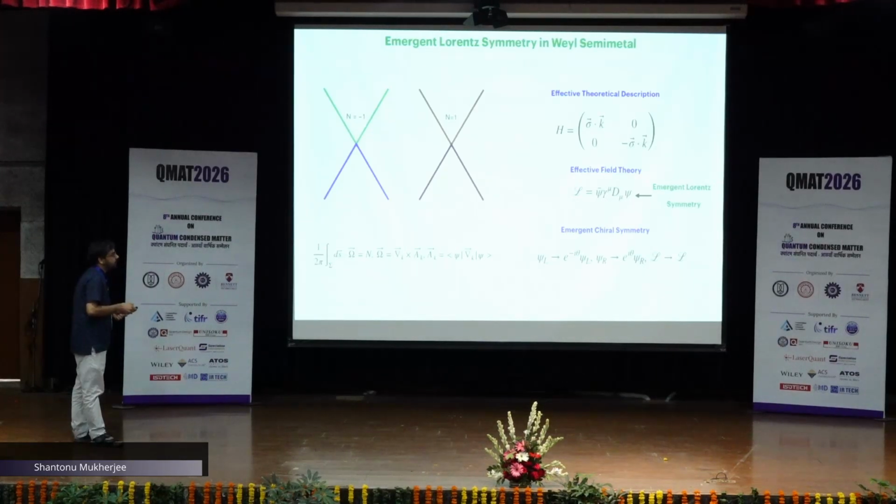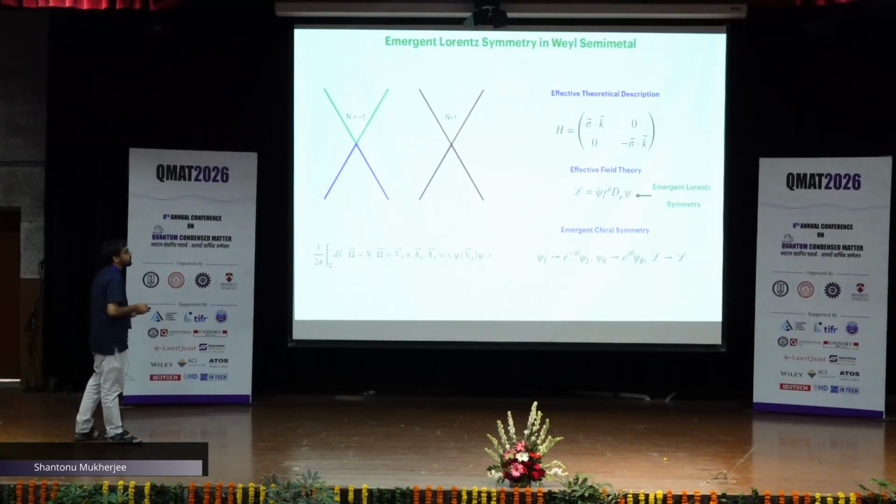This effective field theory also reveals other emergent symmetries, like a chiral symmetry, which is basically the symmetry of this Lagrangian under the transformation of these Weyl spinors by opposite phases, and this gives rise to a conserved chiral current. Now that is only the classical conservation, so one can try to consider quantum effects, and one can show that under quantum effects this conservation gets violated, and that is what we call chiral anomaly in this context.